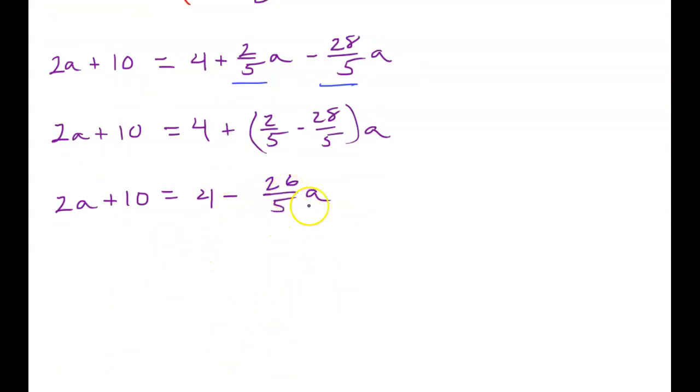Now we want to collect the a's on both sides. You can do it either way, but I'm going to add 26/5 a to both sides.